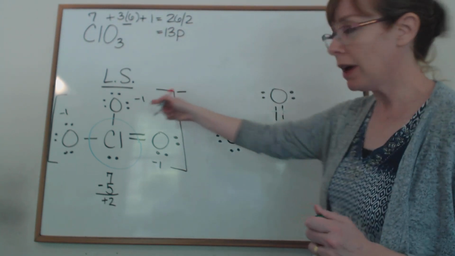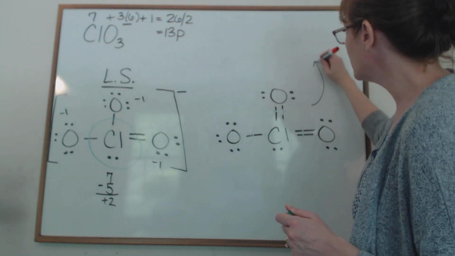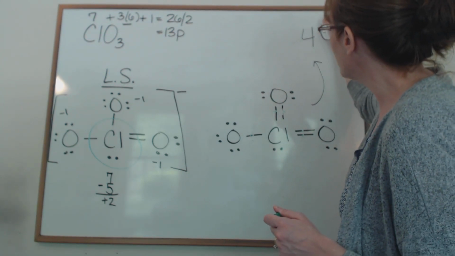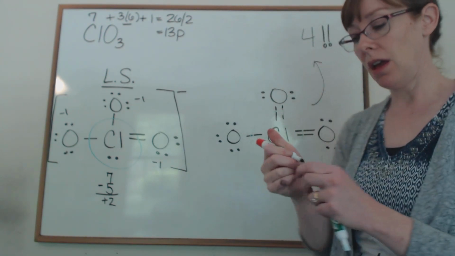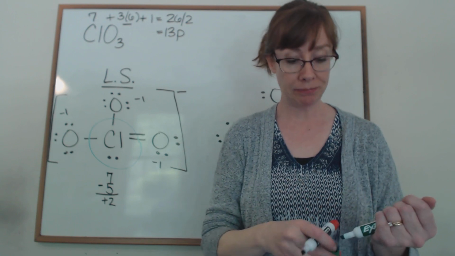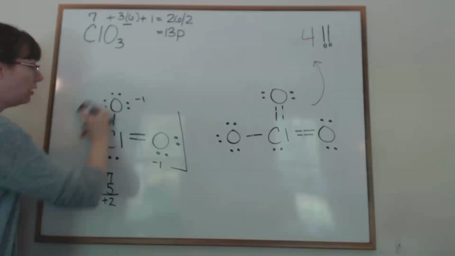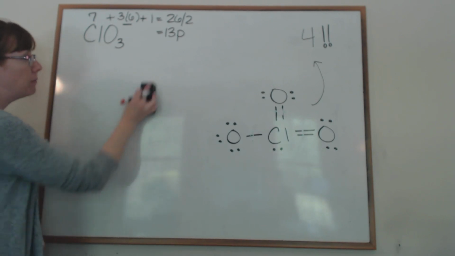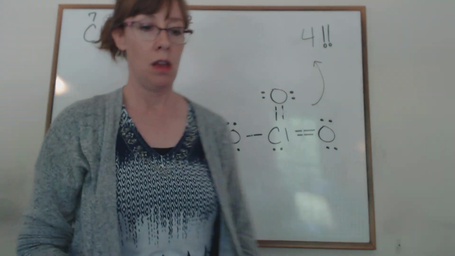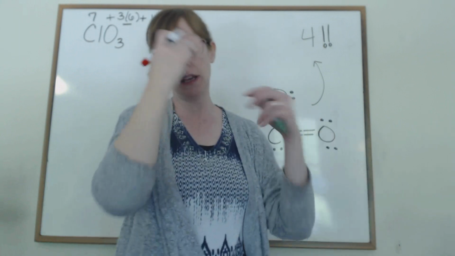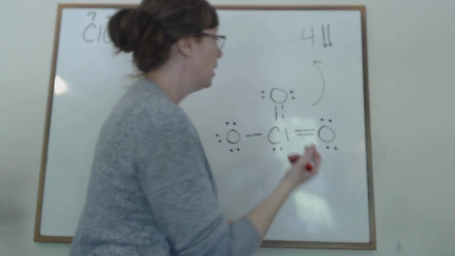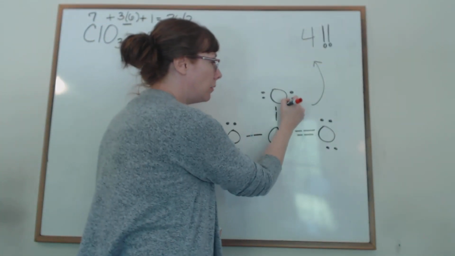So whether you had analyzed this one or this one, you would have gotten the same electron geometry for your VSEPR model. But let me go ahead and just draw the VSEPR model for the best Lewis structure.